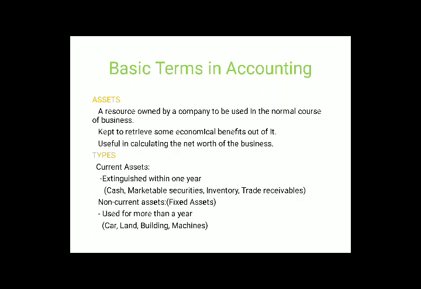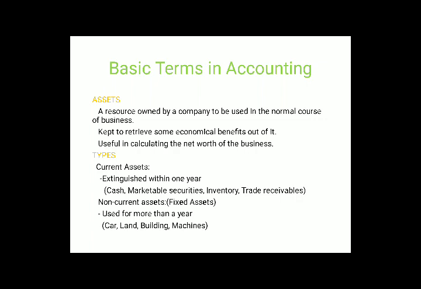So that's the benefit from that car. It is useful in calculating the net worth of the business. In almost all cases, the amount of assets that a company holds is what gives the company value. If a company has a lot of assets in place, it means that the company is worth a lot. Therefore, it is used in calculating the net worth of the business.